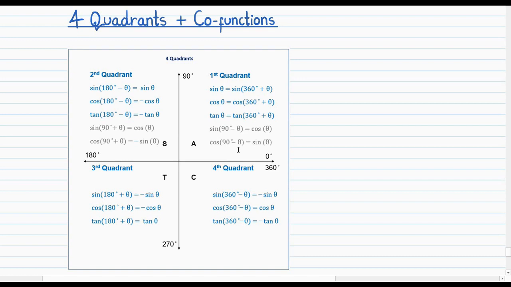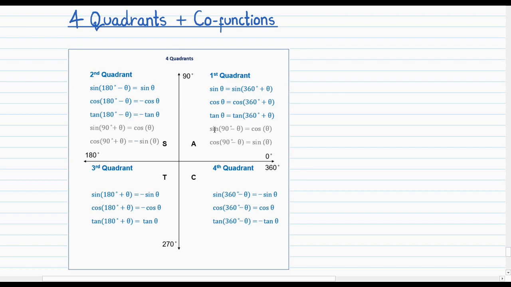The first addition is to the first quadrant, where it's the basic cofunction idea, where we know that sine 90 minus theta is cos theta and cos 90 minus theta is equal to sine theta. Then angles between 90 and 180 can be written in terms of 90 plus theta. And from mathematicians looking at the graphs of cos and sine theta, they were able to tell that sine of 90 plus theta is equal to cos theta.